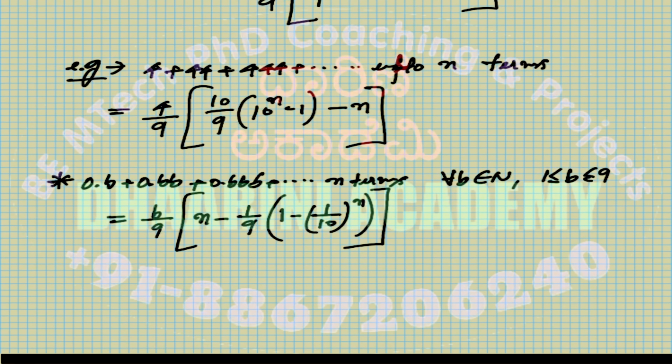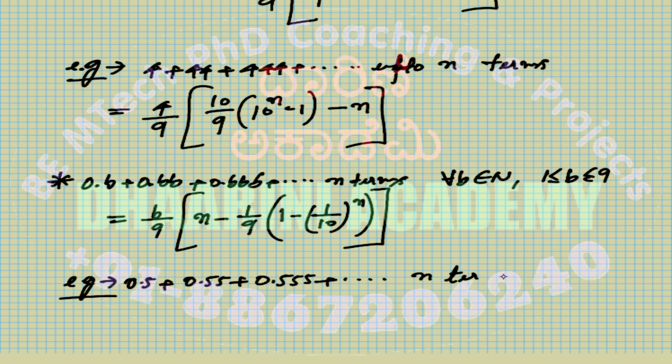For example, let's say we want to calculate 0.5 plus 0.55 plus 0.555 and so on up to n terms.